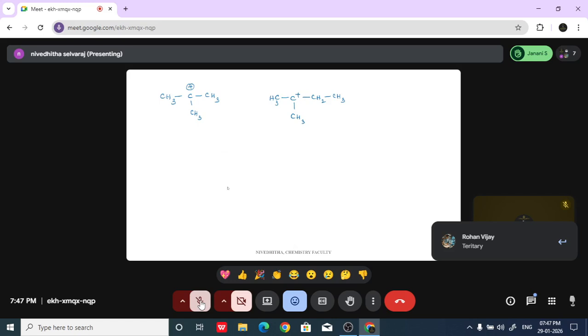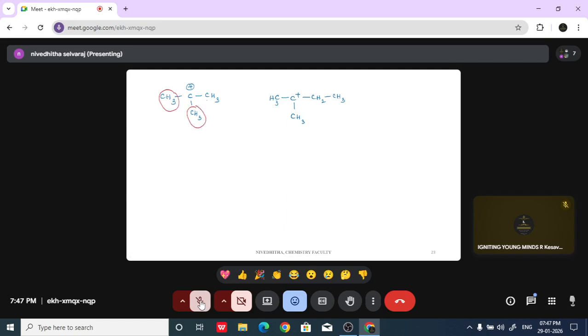Yes, you're right. See, this is a positively charged carbon, and this positively charged carbon is attached with 3 R groups. So if it is attached with 3 R groups, then this is tertiary.